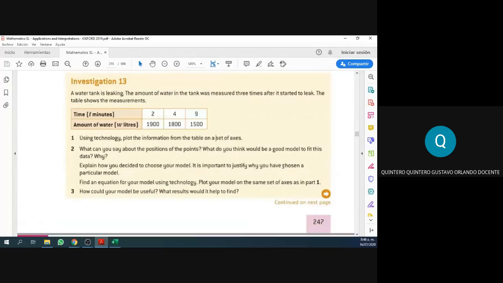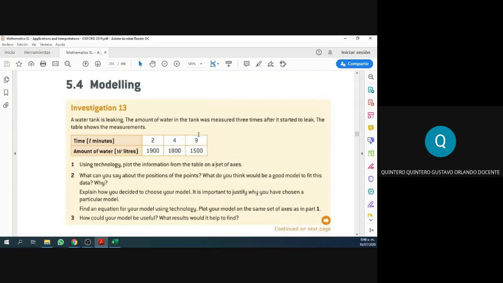So the second step is to try to determine what is the best model that we can apply. In other words, what is the best function that we can apply? Are we going to apply a linear function, a linear model, or a quadratic function, a quadratic model? So in order to model, you need to be very good at recognizing the types of functions that we have.